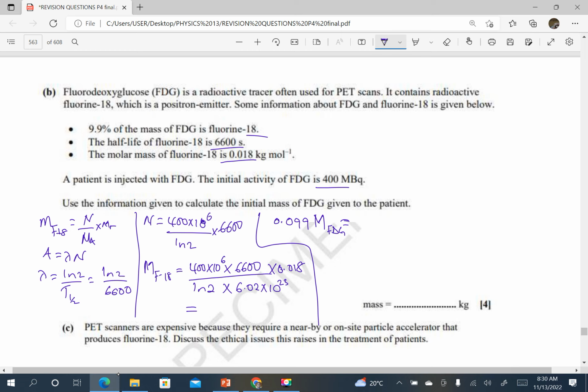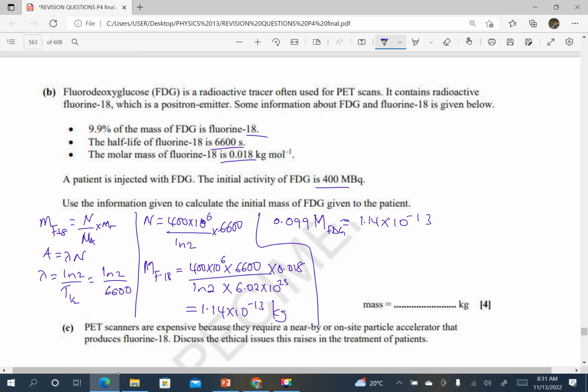So this mass here is 1.14 times 10 power negative 13 kilograms. So 0.099 of the mass of FDG is the mass of fluorine. So this is 1.14 times 10 power negative 13.